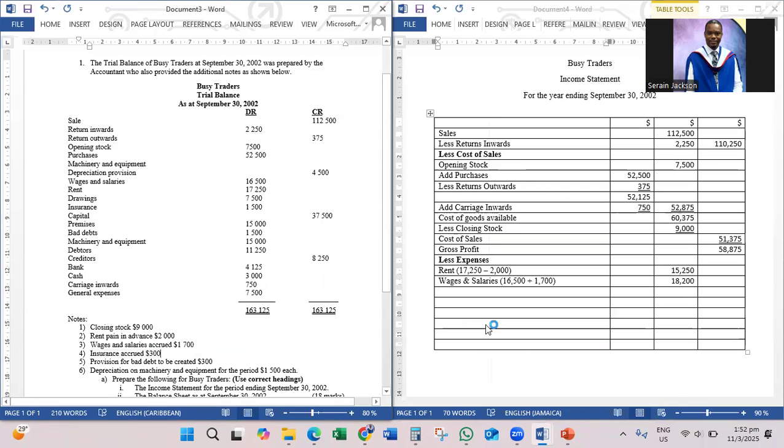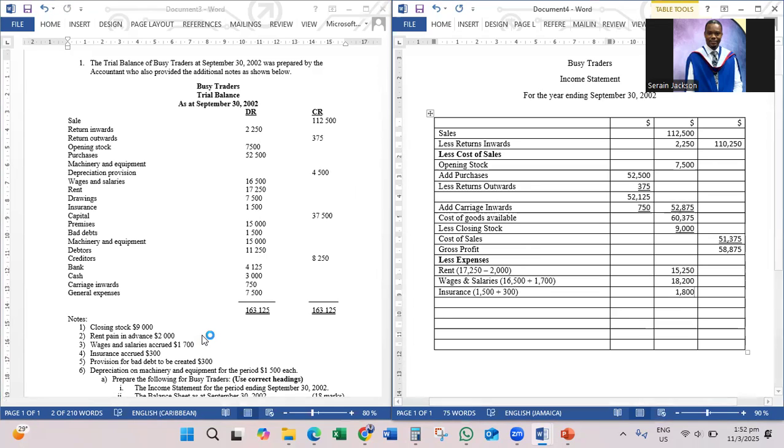Insurance accrued. So insurance is another expense that we have to adjust. I'm doing all the adjustments first so I don't forget anything. In the trial balance, insurance is 1,500. I'm going to add the 300 to it. So 1,500 plus 300, close my bracket, that is now 1,800.